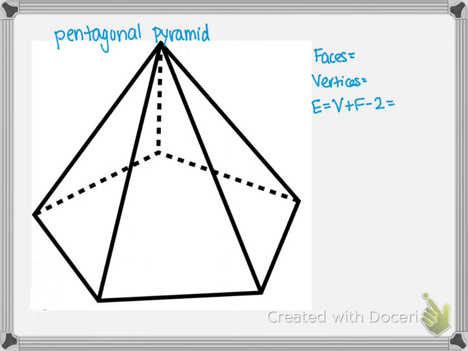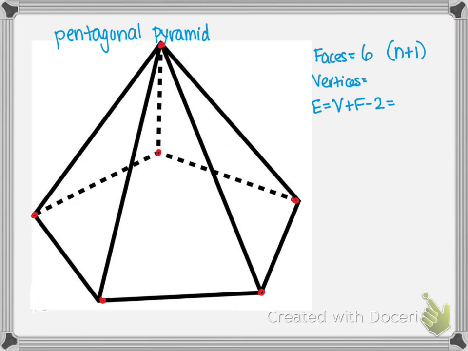So looking at the faces, we know that it has the base, and then it has 1, 2, 3, 4, 5 triangles surrounding the base. So that is 6 total faces, or n plus 1. Then we can look at the vertices. We know that we have n plus 1 vertices here as well, but let's check. There's 1 at the top, and then 2, 3, 4, 5, 6 all the way around.